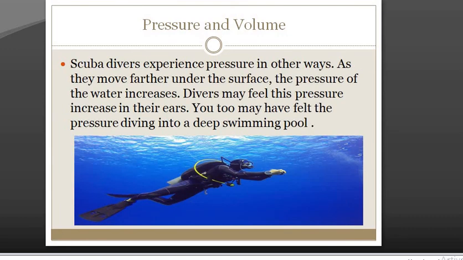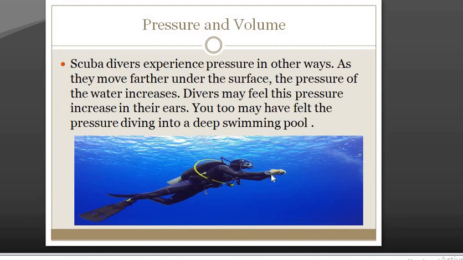And here we have this type of experiment. It's a scuba diver experience. So when the scuba diver swims under the water, he will feel the pressure inside his ear. Inside his ear, he will feel an increase in pressure. Why?